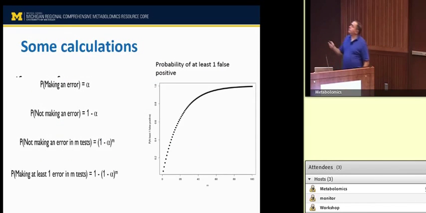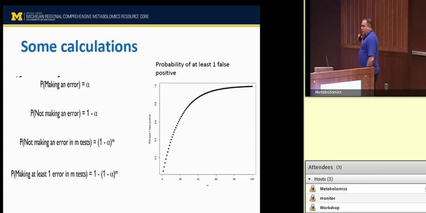What I'm showing here, forget the math, given the fact that it's after lunch, is essentially the number of hypotheses that you make. If you are calling something significant at 0.05, the moment you have done something close to 70 comparisons, so if you have an assay with 70 compounds, let alone an untargeted assay, the probability that you have at least one false positive is essentially 1.